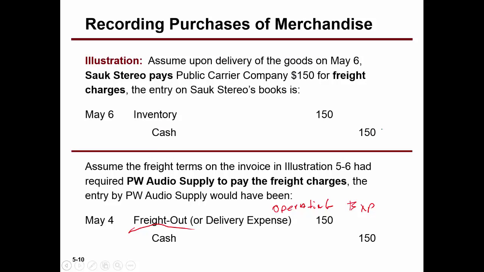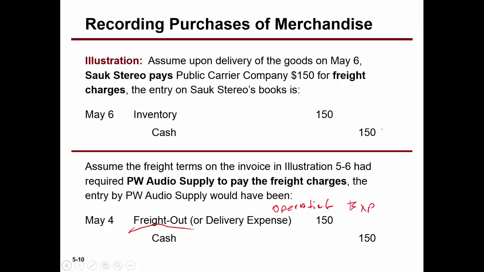It is part of the normal course of business to pay the freight on something. You may have bought furniture before, right? And you're sitting there saying, this is a nice table, I'd like to take it home, but I can't fit this in my truck.